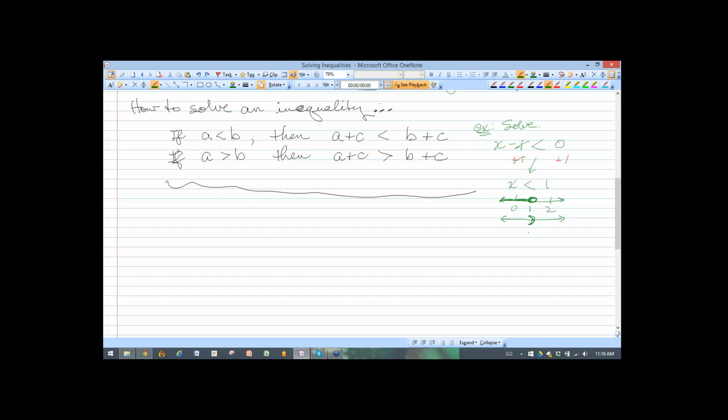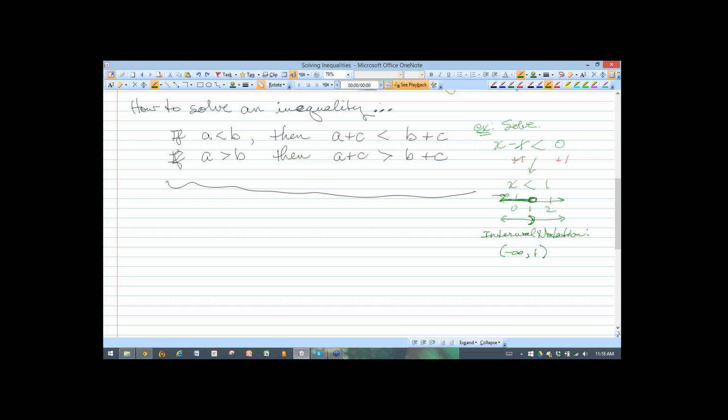All right, and we're going to talk about something else too called interval notation, and I'm going to talk about that more in a sec. But the interval notation for this, for future reference, when we finally do get to it, is, if it's less than 1, I'm coming up from negative infinity. This is a real number line. So I'll use a parenthesis coming up from negative infinity through 1.